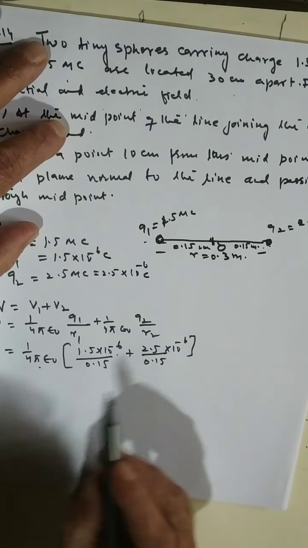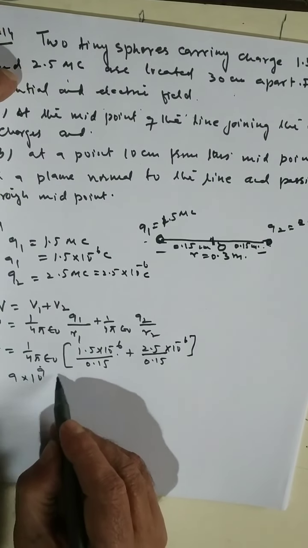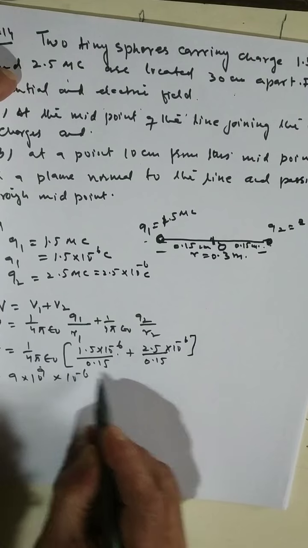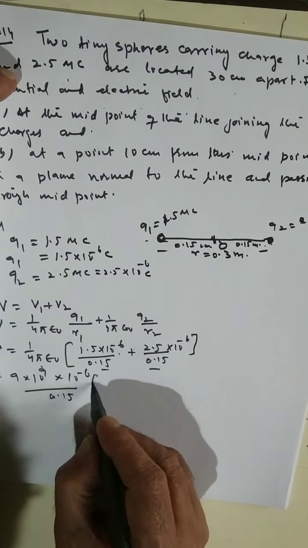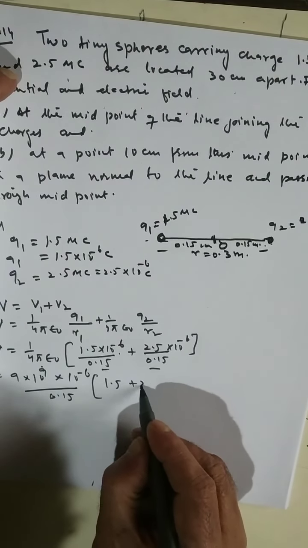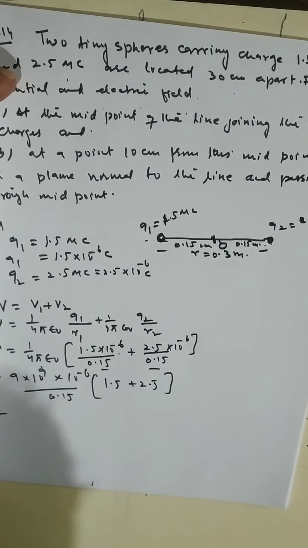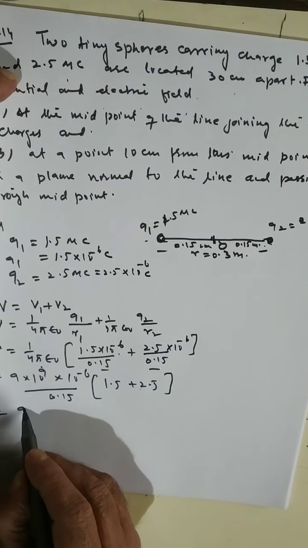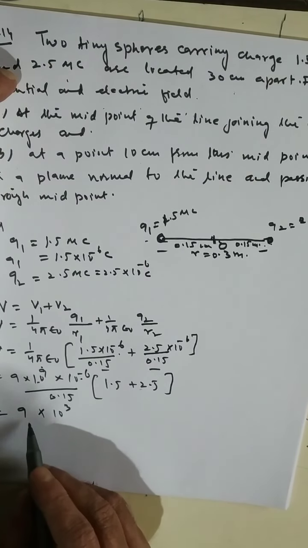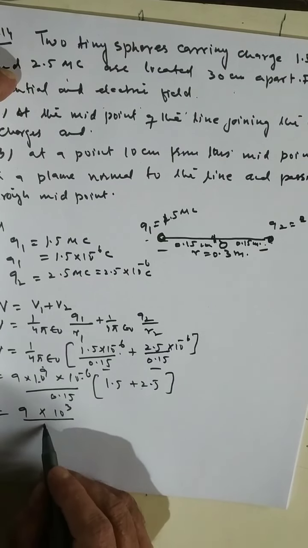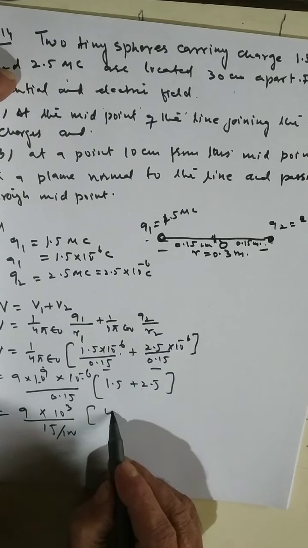Giving this value and taking this common, we get 9 into 10 raised power 9 into 10 raised power minus 6. Taking this also common, 1.5 plus 2.5. Okay. So 9 into 10 raised power 3 remains here, divided by 0.15, that is 15 divided by 100. This becomes 4 over 100.